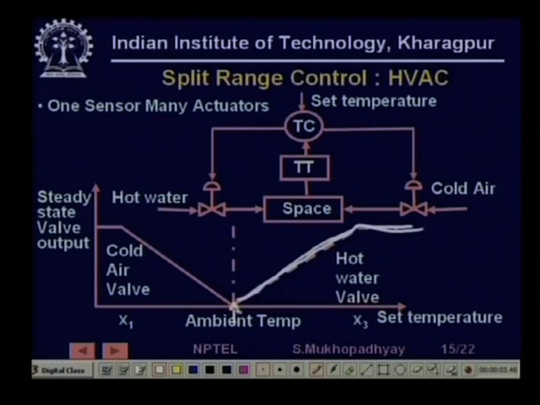Similarly, when the set temperature is below ambient temperature, then the cold water valve characteristic will be followed and that will rise. So, the overall control input characteristic is like this over the two ranges, and in this range you operate the cold water valve, and in this range you operate the hot water valve. So, this is the standard HVAC control of spaces.